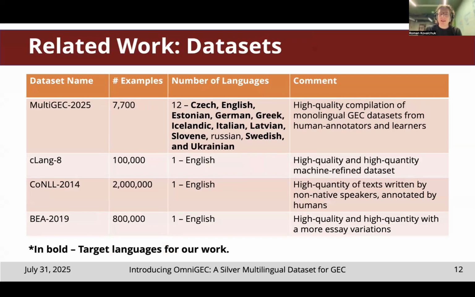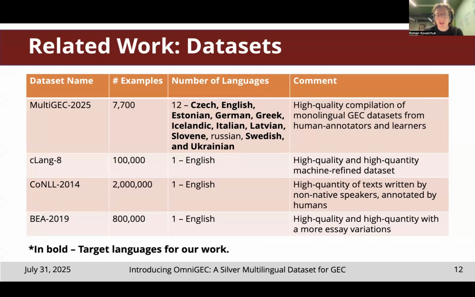Speaking about datasets, we can see that there is a very small number of datasets in the multilingual GEC area. First of all, MultiGEC 2025, although being a high-quality compilation of monolingual GEC datasets from human annotators and learners, has very few examples.